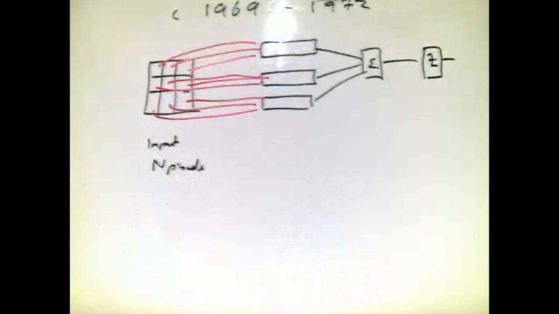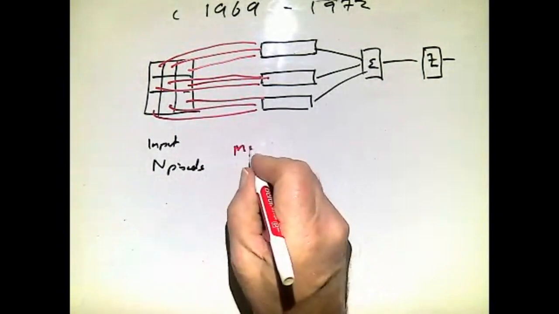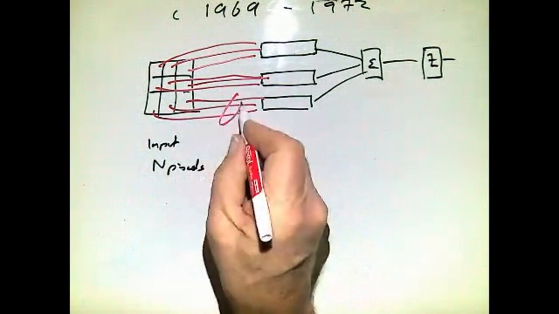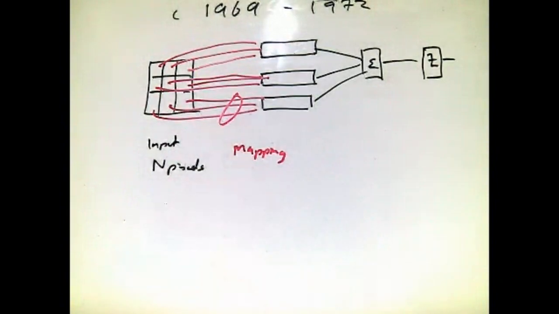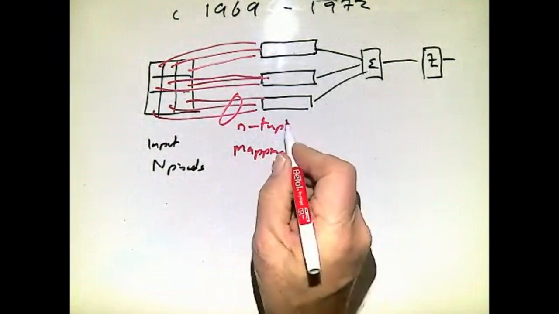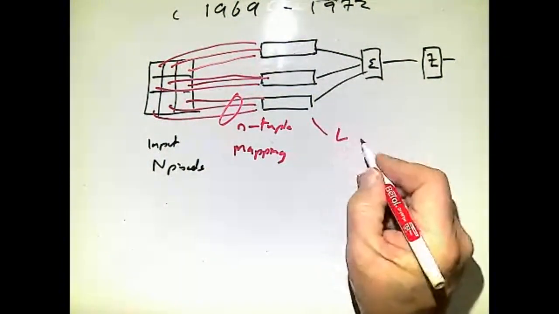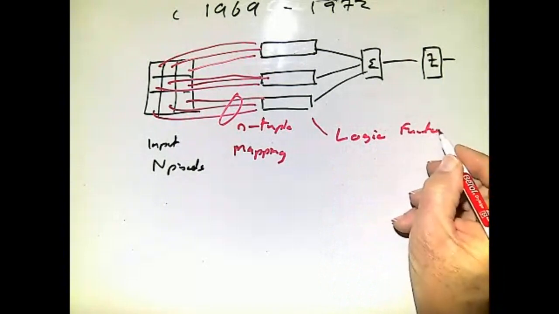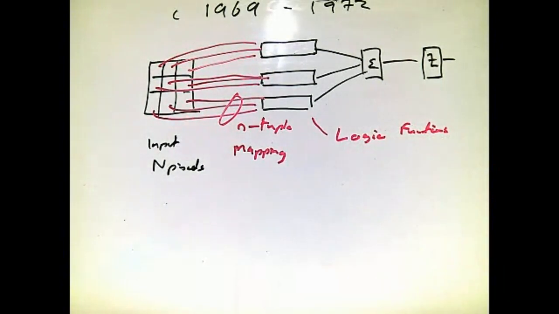This is the mapping. The n-tuple size is the number of pixels being grouped together, so this is the n-tuple. These are logic functions. And the summation and the threshold you should recognize.